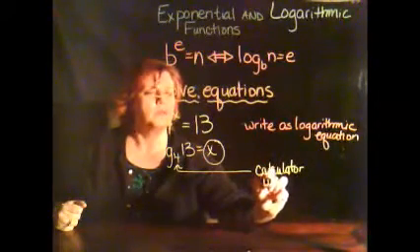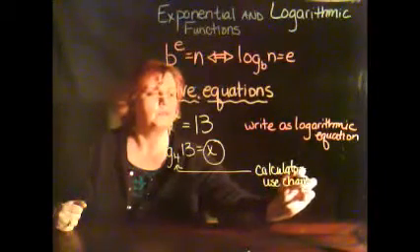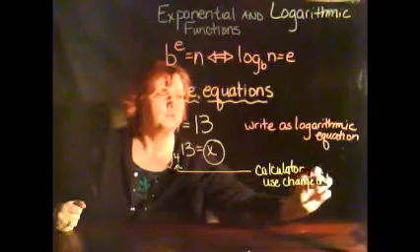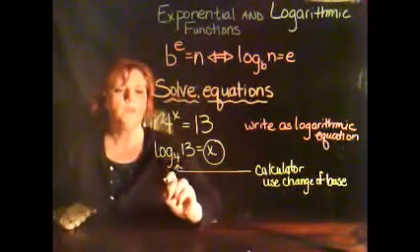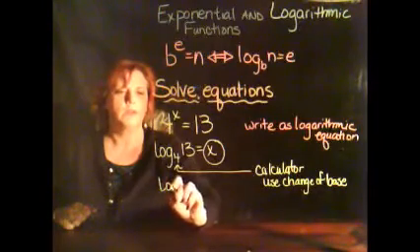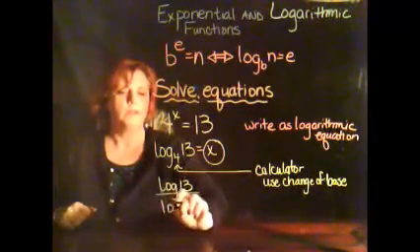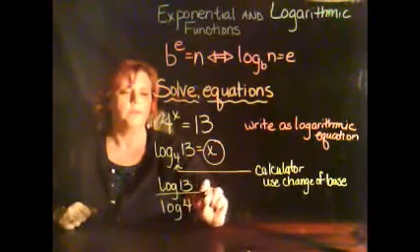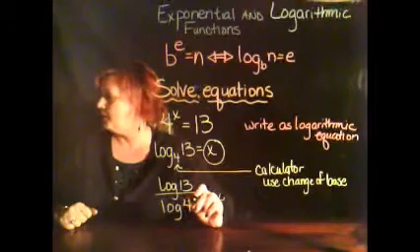I'm going to use the change of base property. So I'll rewrite this as log of 13 over log of 4 is equal to x, and I'll type that into my calculator.